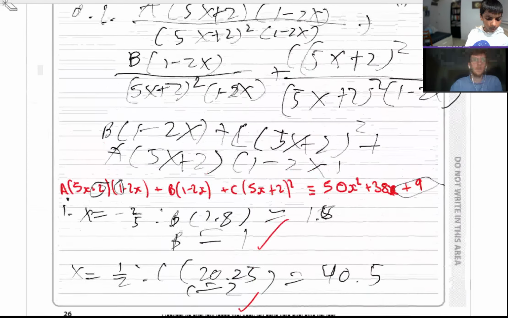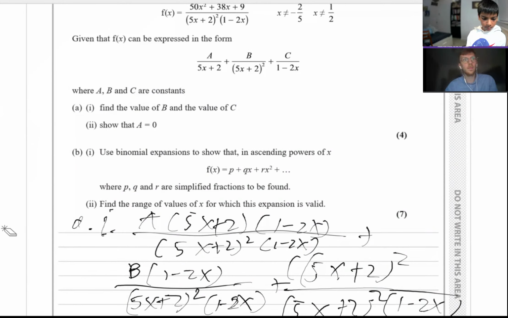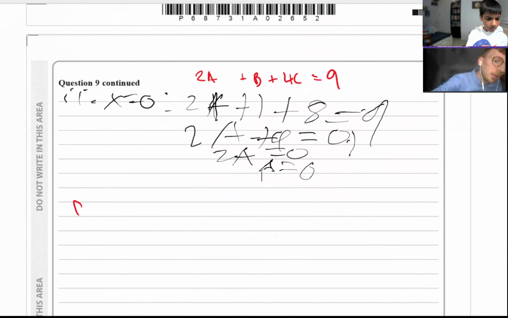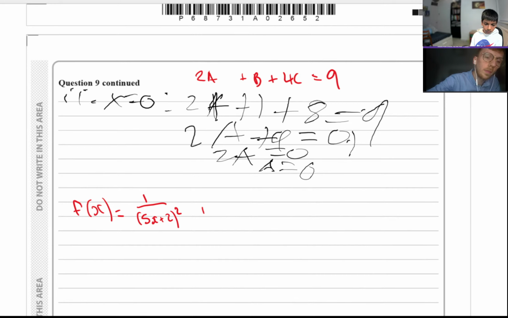So if I write the expression down for you, so you don't have to keep scrolling up. So f of x, we use our partial fractions from what we've done in part A, plus then we had 2 over 1 minus 2x. There we go.